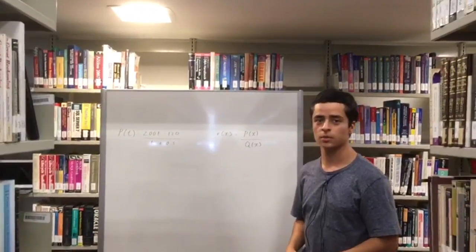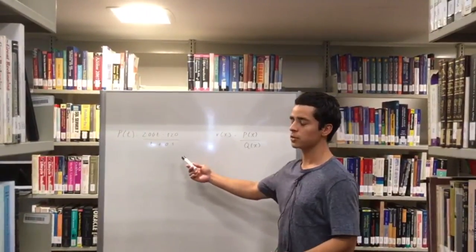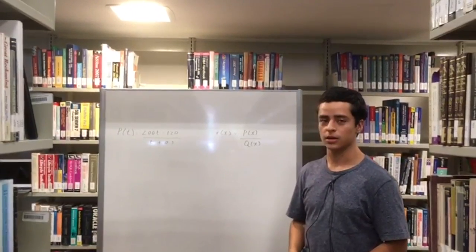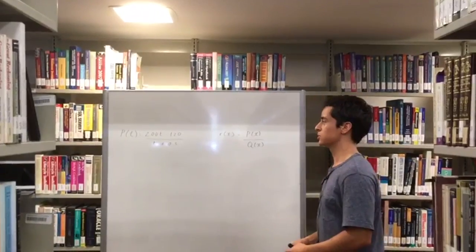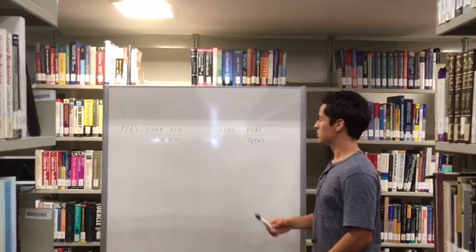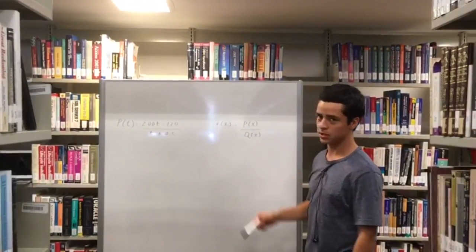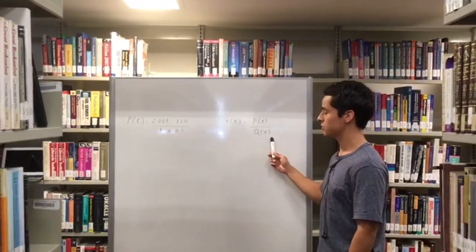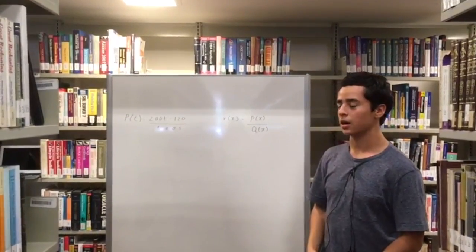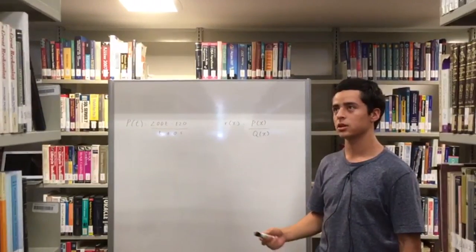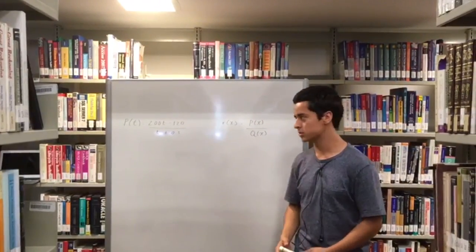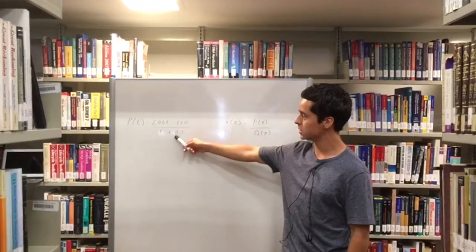Okay, so the first question comes: what type of function is this one? We decided that it is a rational function. Now let me explain why we chose rational functions. The basic form comes like this, where we assume that p of x and q of x are polynomials. The thing here is that p of x and q of x don't have common factors, which we can perfectly see here.